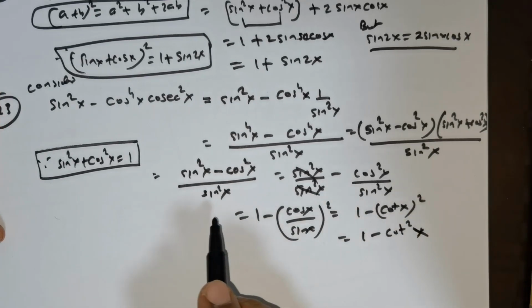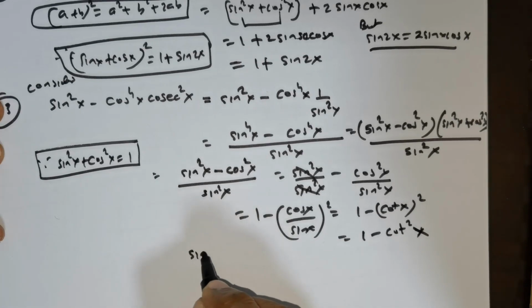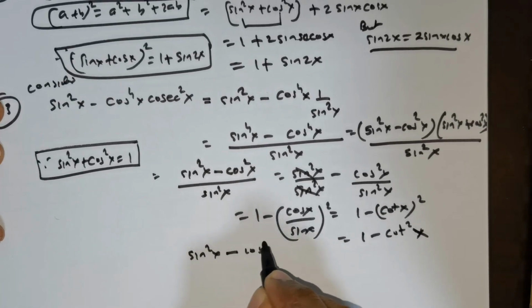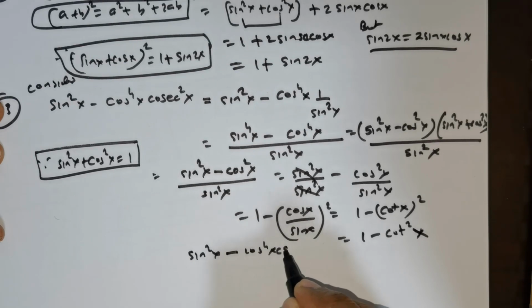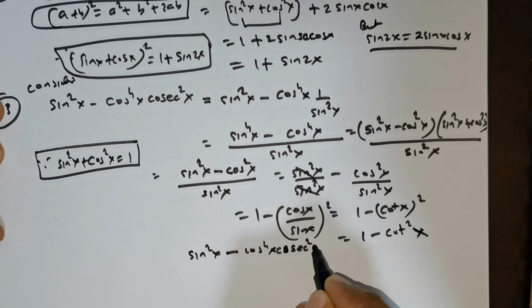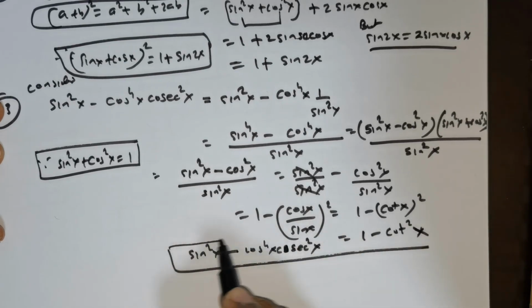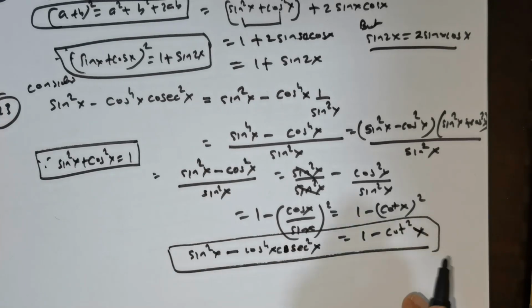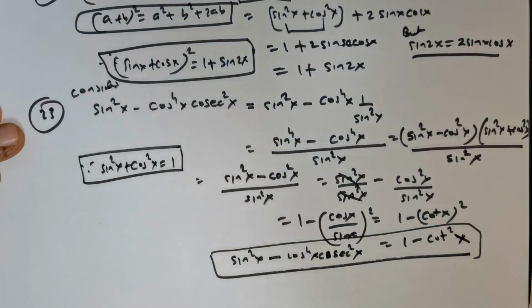So that's a nice result. Sine squared x minus cos to the power of 4x times cosecant squared x has produced 1 minus cot squared x. So that's question number 23.